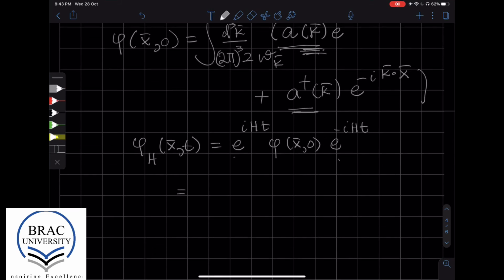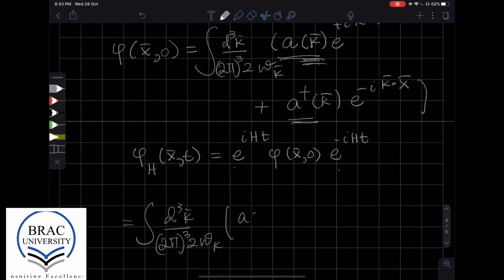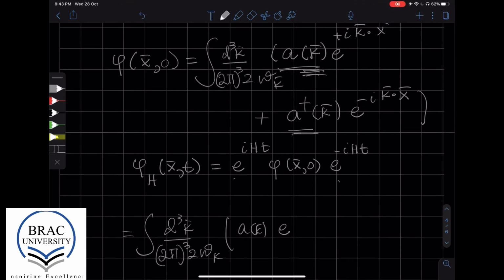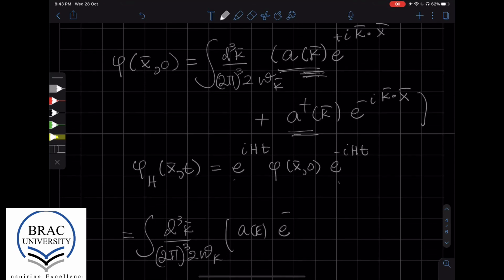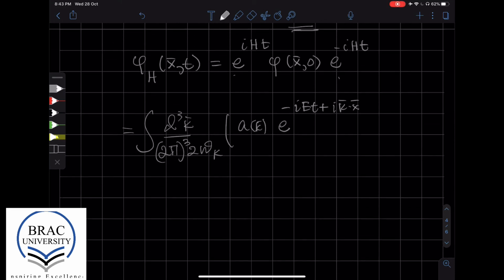So that's exactly what we would have here, and therefore inside the Fourier integral, we're going to get d cubed k over (2 pi) cubed 2 omega k, and then here we get a of k, and then we get e to the power minus i E t plus i k dot x, and then we have plus a dagger of k e to the power plus i E t, and then we get minus i k dot x.